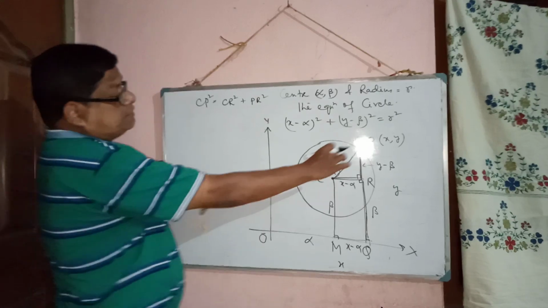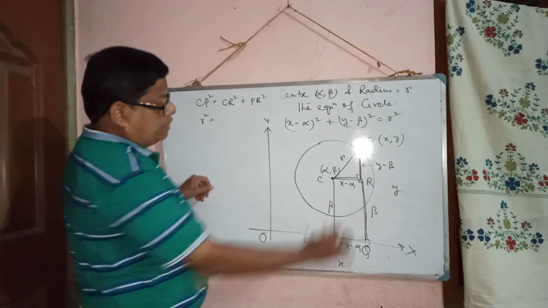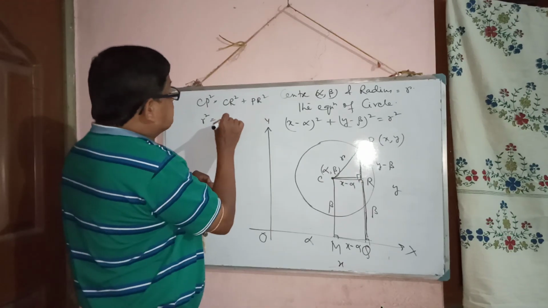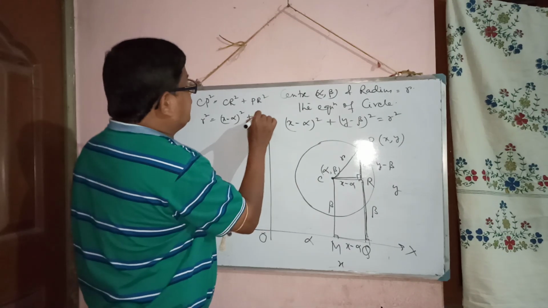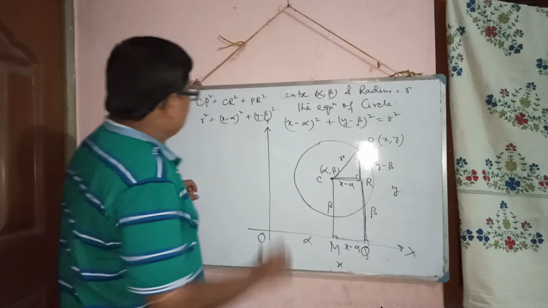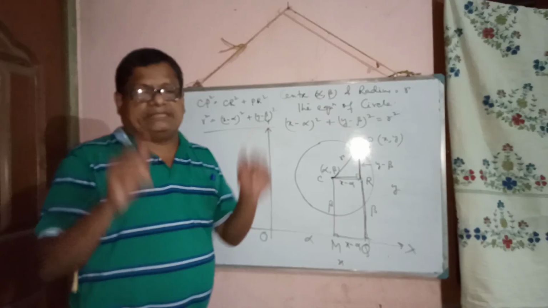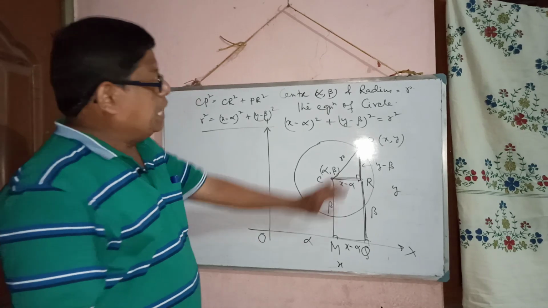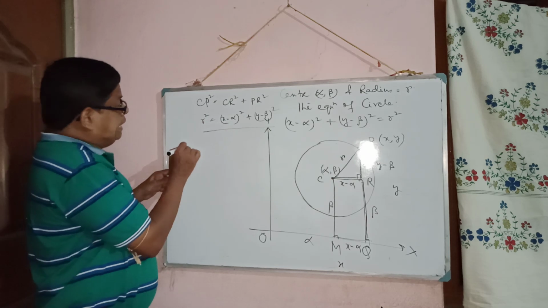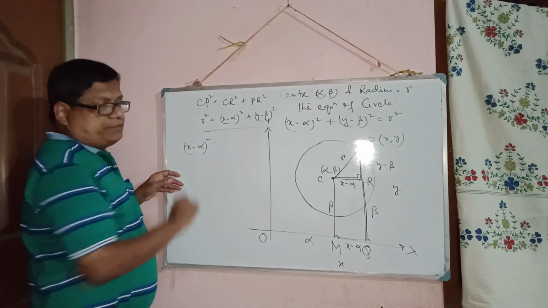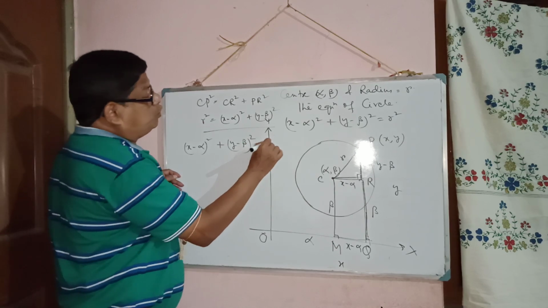So we can write CP radius r, so r square equals x minus alpha whole square, PR is y minus beta whole square. So the equation of a circle, if the center is alpha beta and radius r, will be x minus alpha whole square plus y minus beta whole square equal to r square.